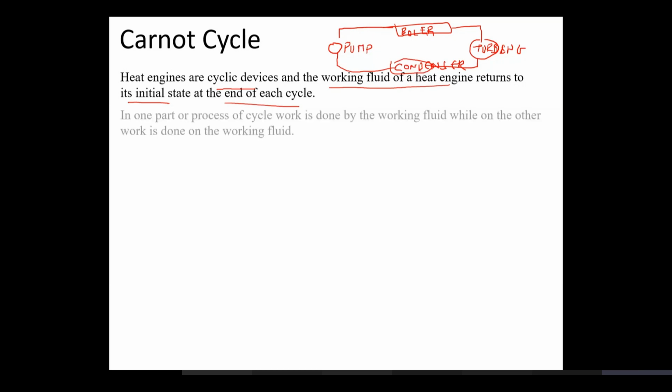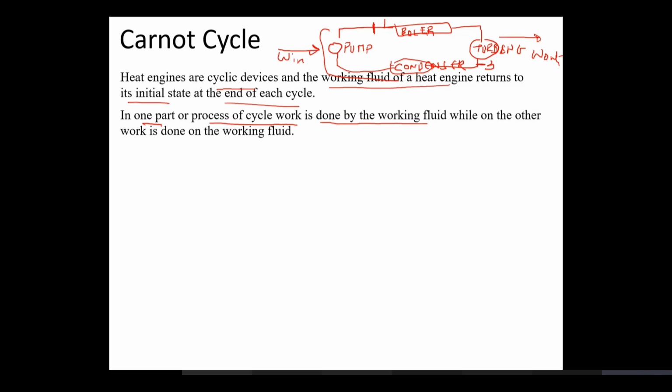In one part or process of the cycle, work is done by the working fluid. So from boiler to turbine, the fluid gets heat and then it is used to produce work out. There is work out produced as a result of the cycle from 1 to, let's say, 3. And then from 3 to 1 back again, there is work that is being done onto the fluid in terms of pump work.